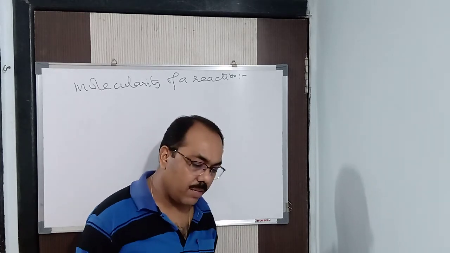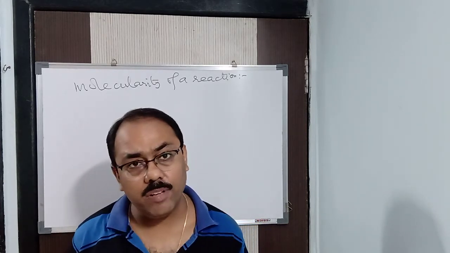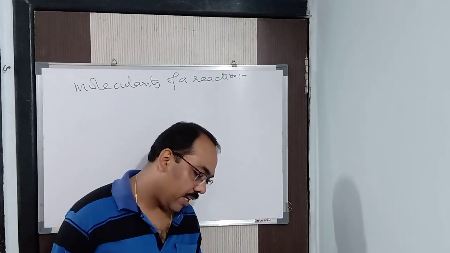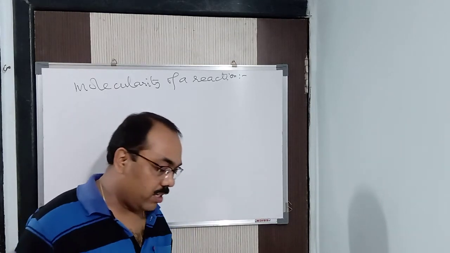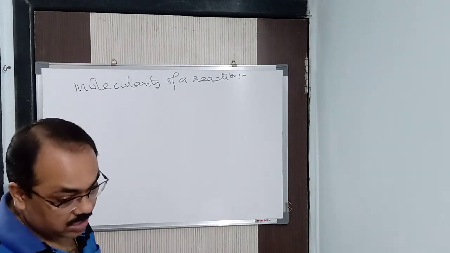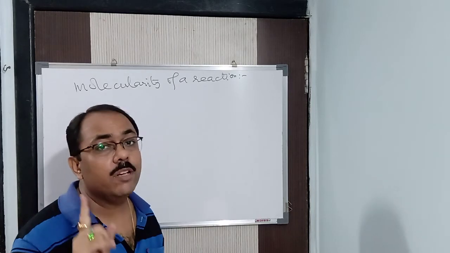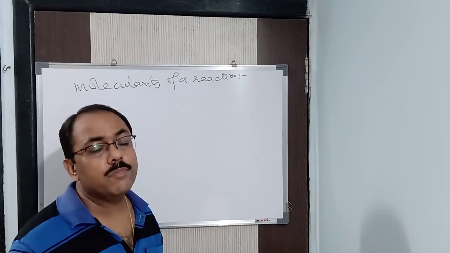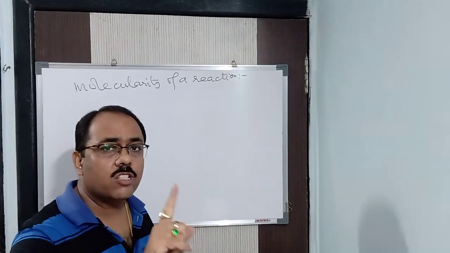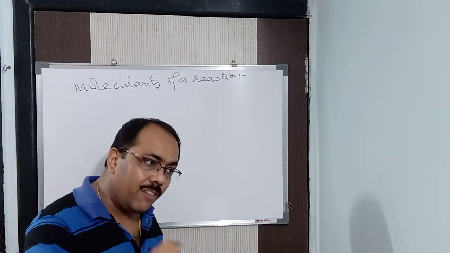In that case, how do we find the molecularity of the reaction? If a number of steps are there, that reaction is called a complex reaction. Remember it, in a complex reaction, listen carefully: one of the steps will be the slow step, and the remaining steps will be fast steps, because a number of steps take place. So one of the steps will be the slow step, and in that case, we determine the molecularity of each step.